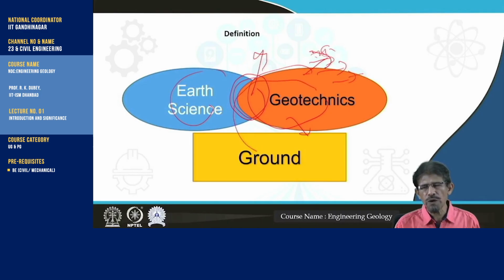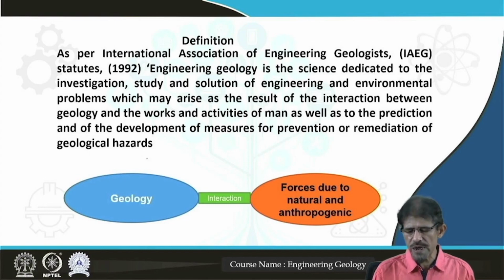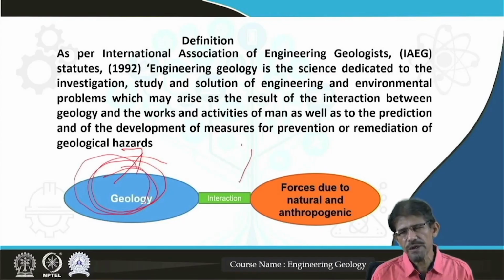So the ground is dominated by rock, soil or weathered material, which are going to respond under the discipline of geotechnics, and the material is confined to earth science. Therefore, we can say that engineering geology is actually the interaction of geology, or the constituents of the ground, with applied forces caused by either natural or anthropogenic activities.